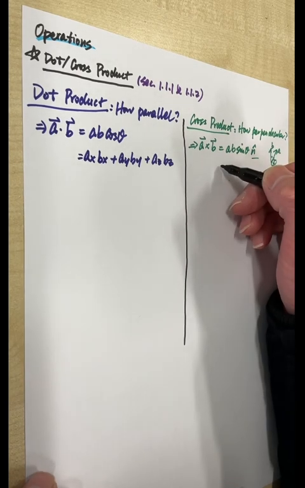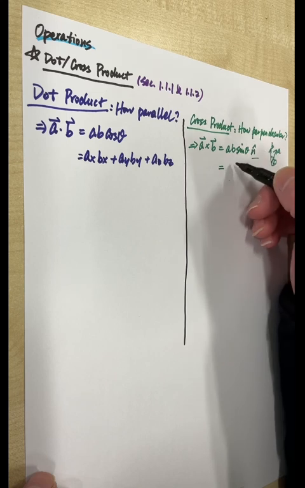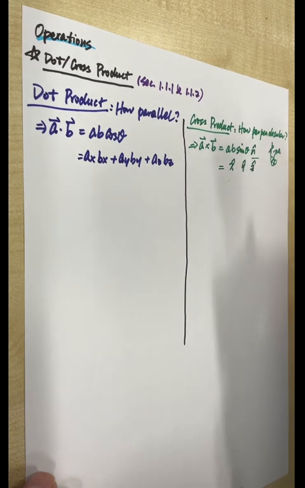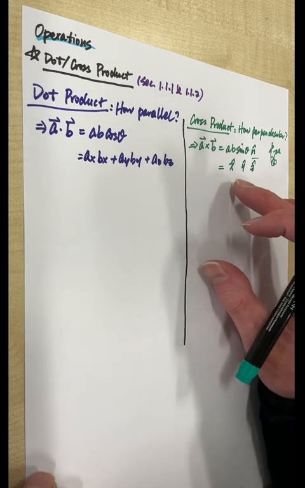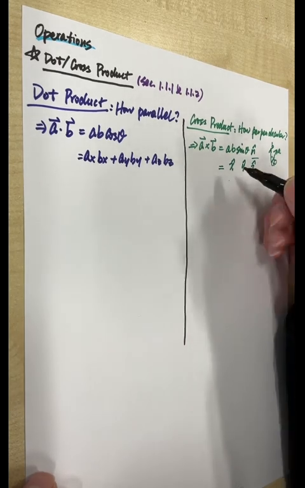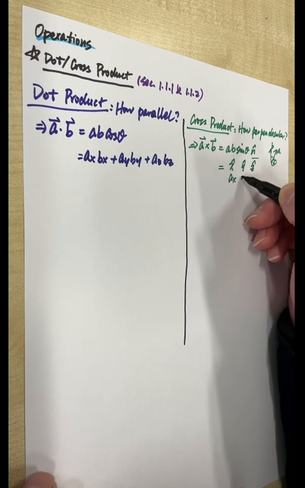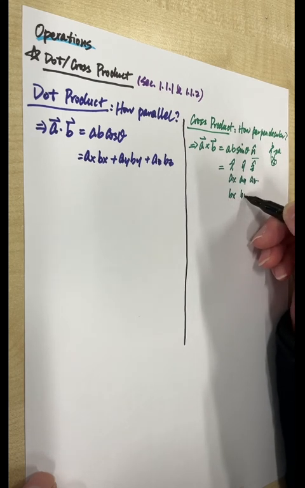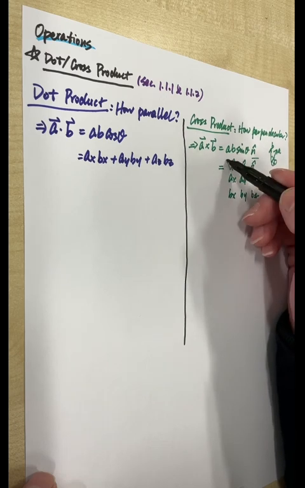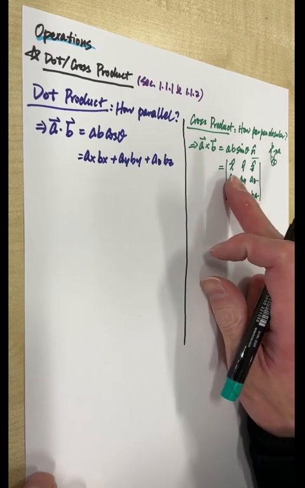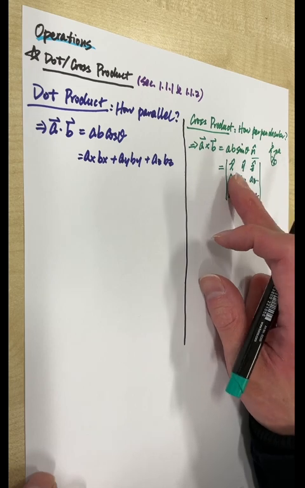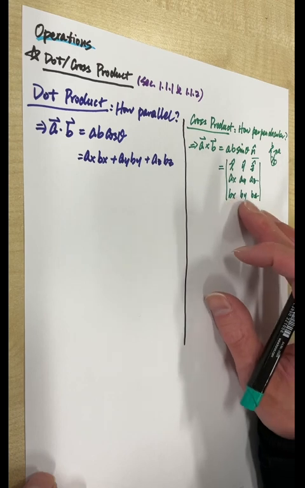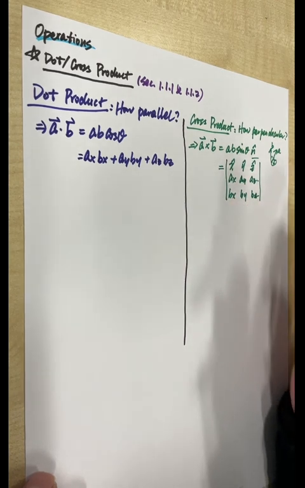For the component form of cross product, we have x, y, z, which are unit vectors, and then we have Ax, Ay, Az, and then Bx, By, Bz, and then we take the determinant. So the basis vectors x, y, and z help us ensure that the output is a vector, basically.